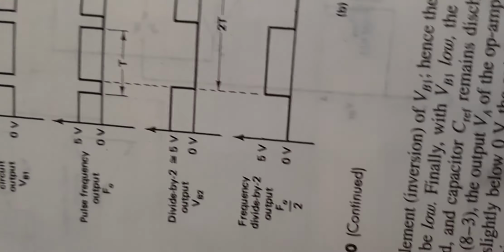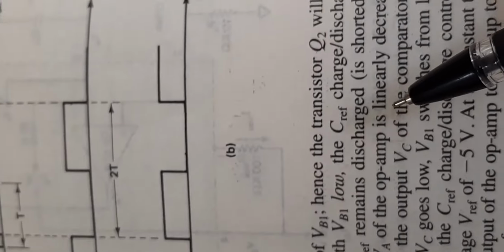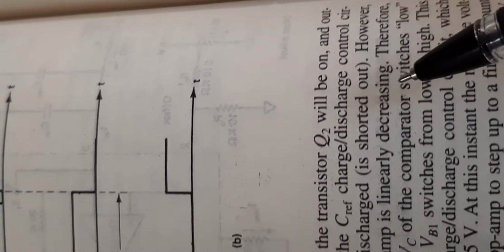The output VA of the op amp is linearly decreasing.